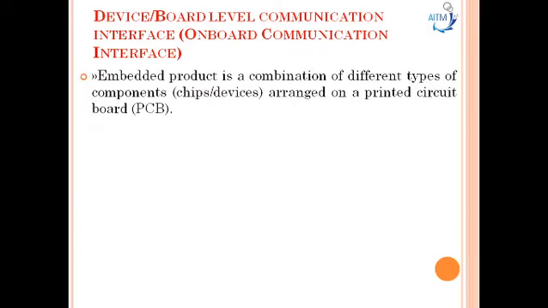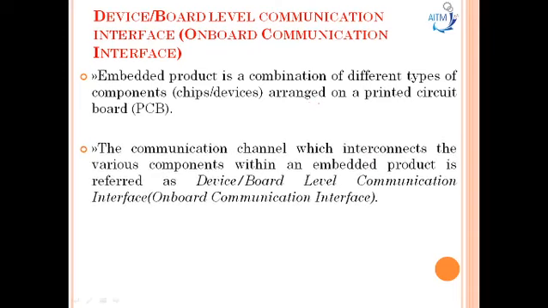An embedded product is a combination of different types of components, like devices or chips, arranged on a printed circuit board. The communication channel which interconnects the various components within an embedded product is referred to as device or board level communication, or the onboard communication interface.